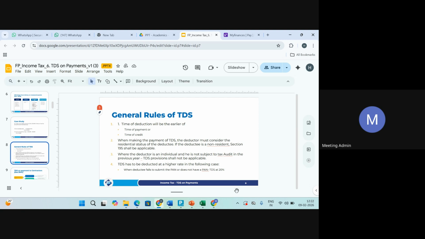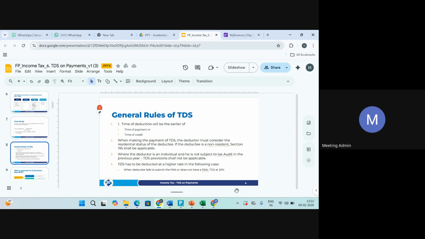If the person doesn't have a PAN or didn't submit it, the amount increases. Instead of 1 percent, you pay 20 percent. That is the difference in the amount.